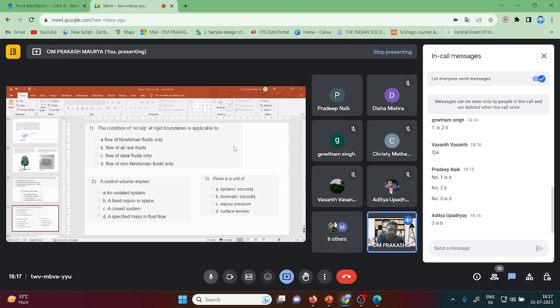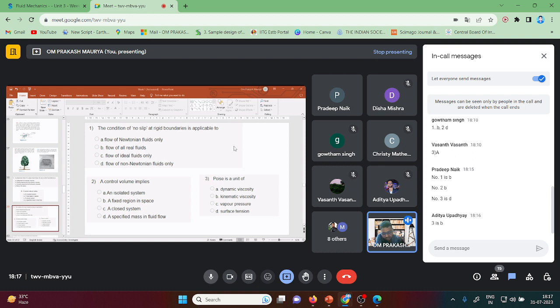Who is telling the kinematic viscosity? So poise is the unit of dynamic viscosity, not for surface tension and not for the kinematic viscosity. Poise is the unit of dynamic viscosity.